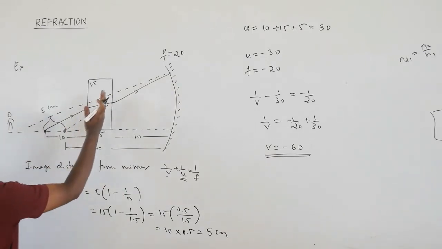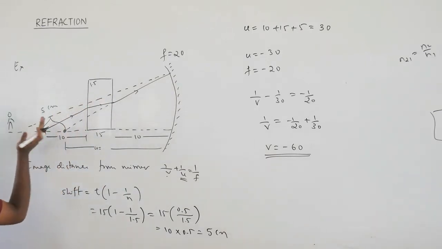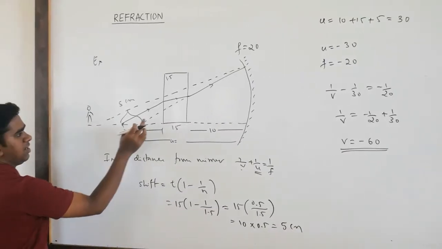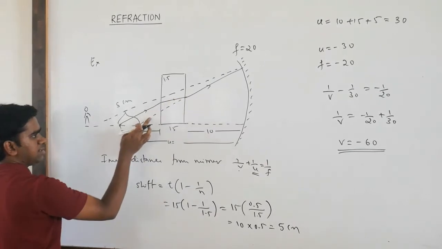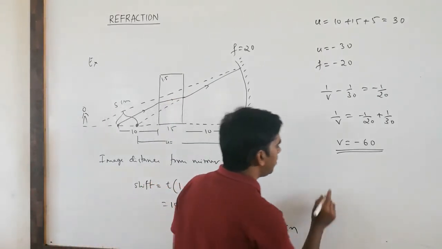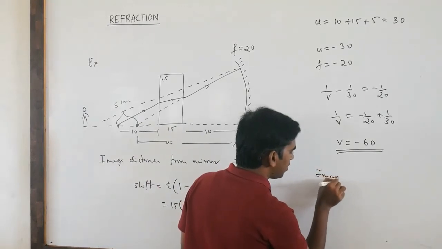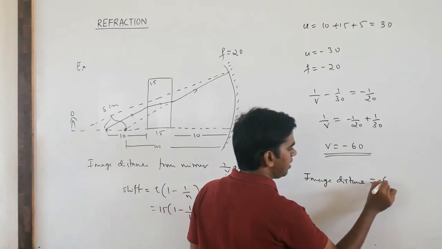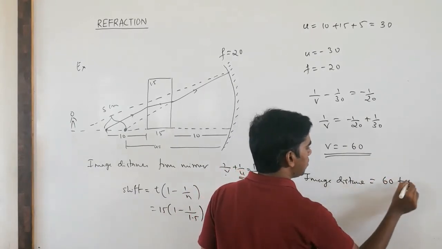But what will happen when the light comes again from here? It will shift away from the glass slab. Okay. If you take light in this direction, it will shift away from the glass slab. So what will happen? The actual image distance is the image distance obtained plus the shift due to the glass slab.